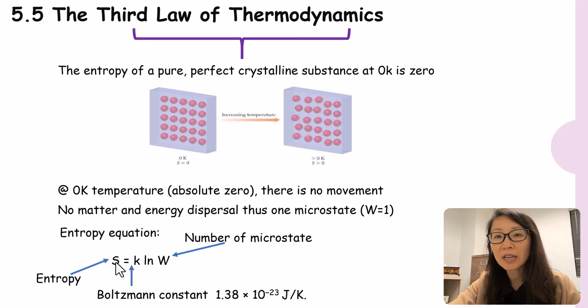In other words, we can take the summation of the product entropy minus the summation of the reactant entropy and then find the change in entropy, and we'll do an example now.